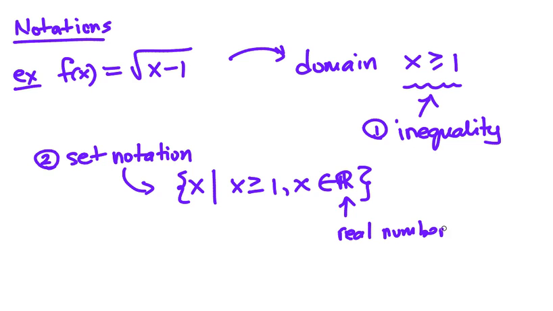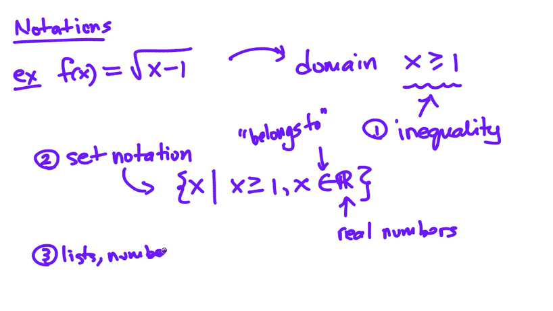and if you haven't seen this symbol here, it means belongs to. For these sorts of domains, we don't want to have to list them all out, but you can just use lists, you can use number lines, you can write it in words. But my favorite is to use what's called interval notation.